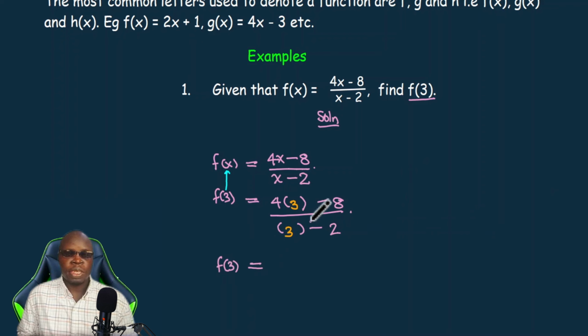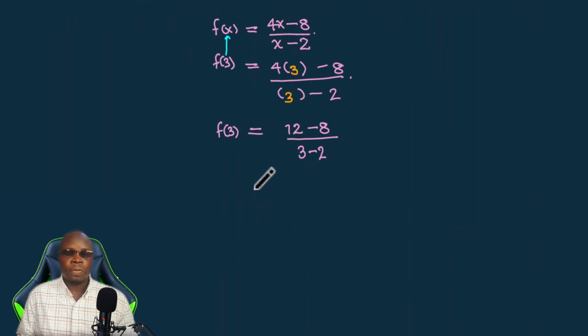Therefore, from the numerator, we multiply 4 by 3, and that is 12 minus 8, all over, from down here, we have 3 minus 2, and the numerator simplifies to 4.